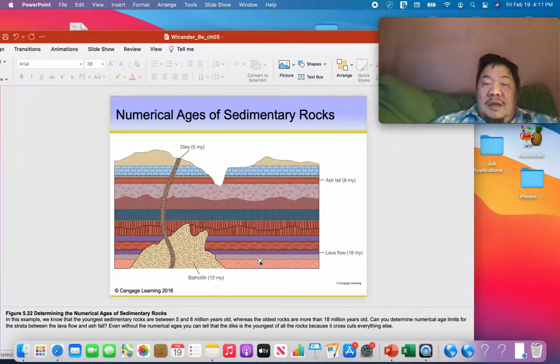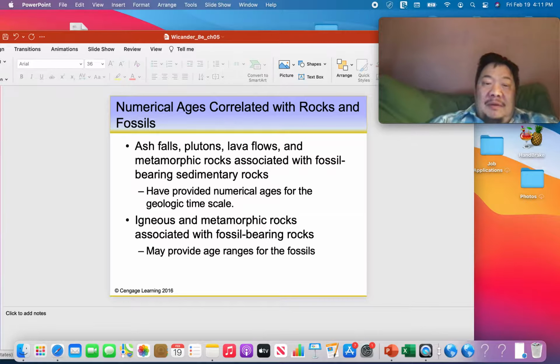So we can use our knowledge of relative dating and numerical dating to figure out how old rocks are. All the rocks between this ash fall and this lava flow must be between 8 and 18 million years old. Right? So we're going to do that in a later lab.